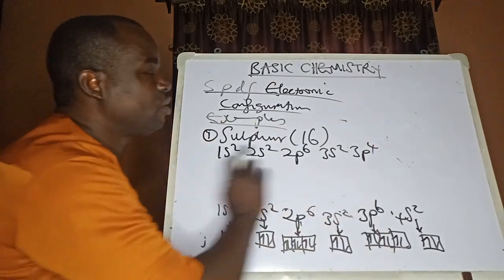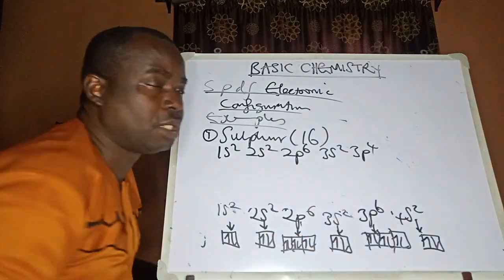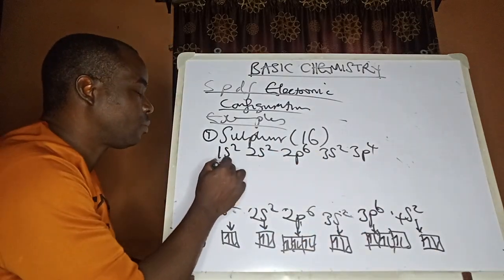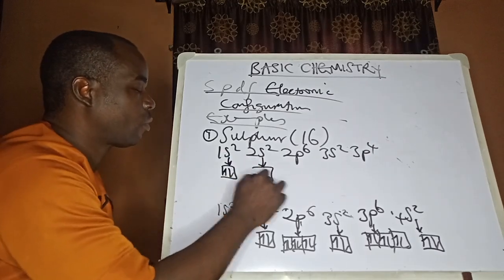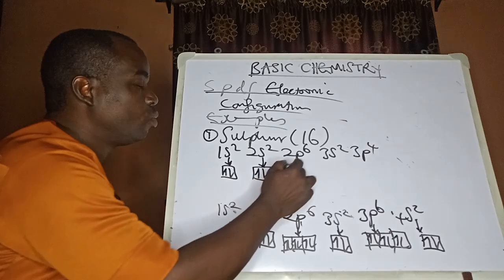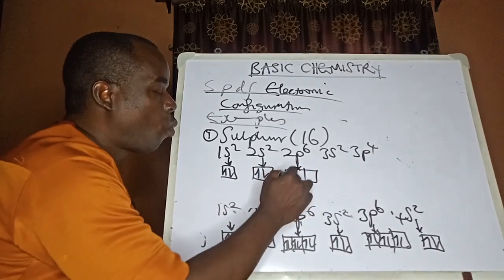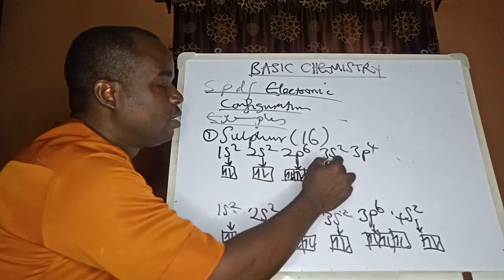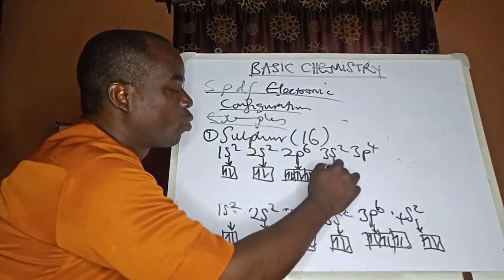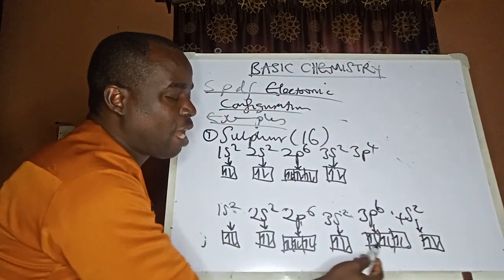Now let us arrange the electrons in the orbitals. So this one is 1, 2. This one is 1, 2. This one is 1, 2, 3, 4, 5, 6. This one is 1, 2, as usual, right? Now this one, we have 3 orbitals.